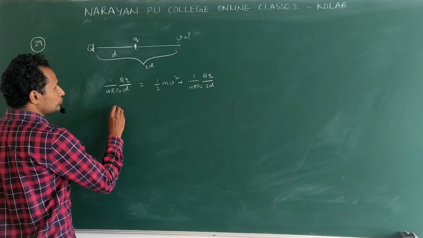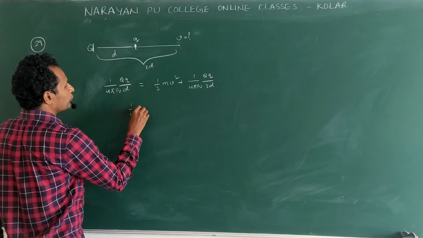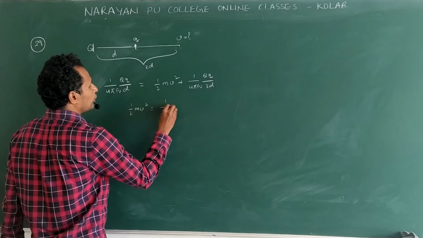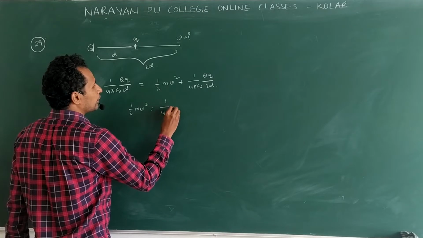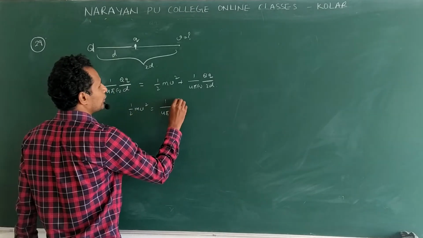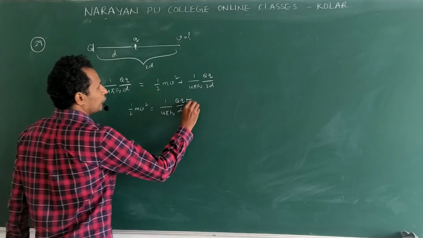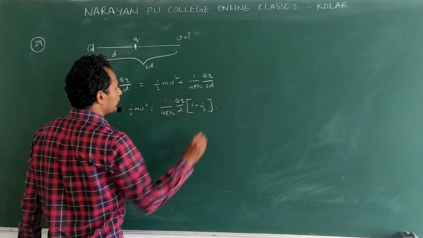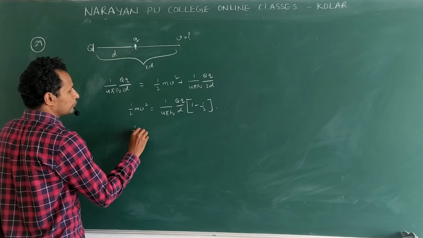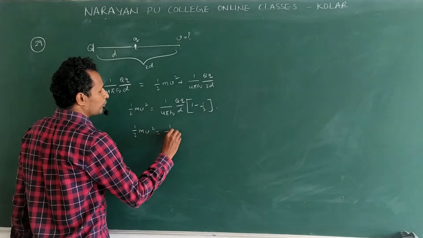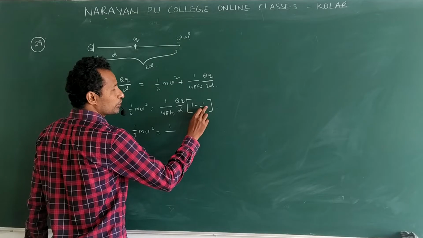Now half m v square, make it subject to 1 by 4 pi epsilon naught common. This comes to this side. Capital Q small q by d is common, 1 minus 1 by 2. So half m v square, 1 minus 1 by 2 is 1 by 2.